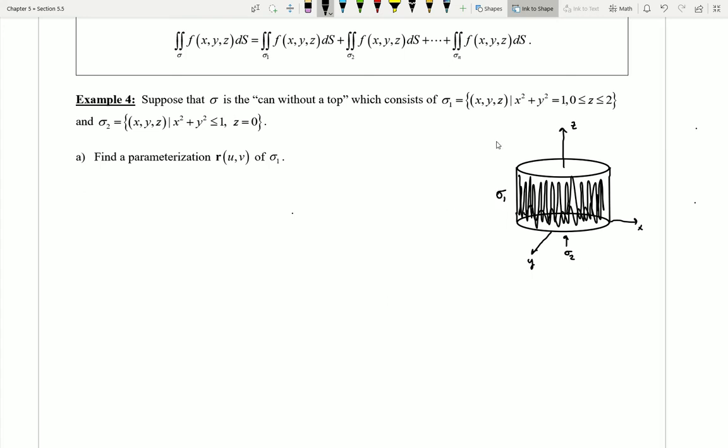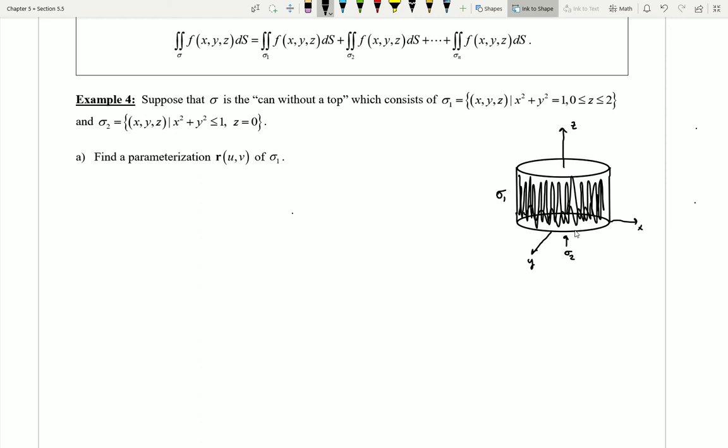So let's suppose I take a look at the first piece, sigma 1. Now I'm giving away right here at the beginning that I'm going to take the parameterization approach. But let's think about why, because you might recall in the last video we said that sometimes we can avoid doing the parameterization as long as we have a nice z equals formula that describes our surface. Well, in this case I can see that sigma 1 is not given to me in a z equals format, but more than that, if sigma 1 is this wall of the cylinder, it is certainly not going to be a function, right?